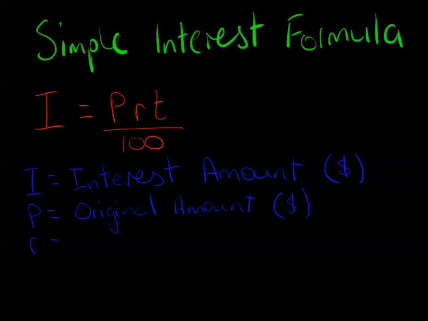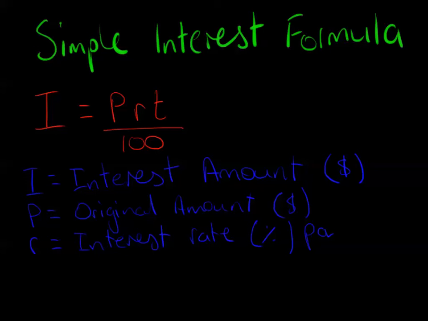We have R, and R can be described as the interest rate. That interest rate is described as a percentage, and usually we find the interest rate as per annum, which means calculated yearly, but we can sometimes come across the interest rate as per month or even per day.